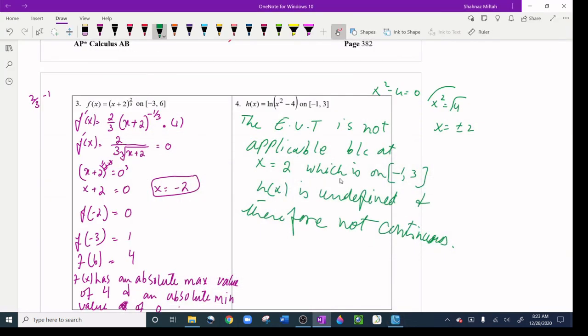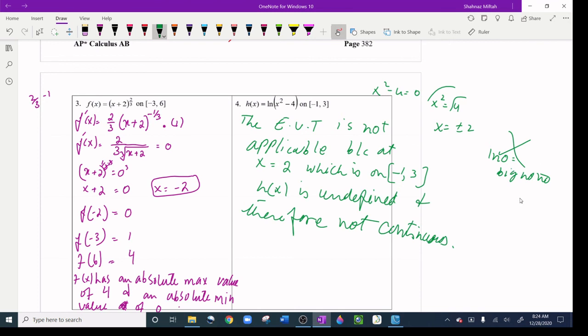But if I'm not using a calculator, how do I say? Because positive 2 is between negative 1 and 3. Yes, it is, but why would I say it's not continuous there? Because algebraically, when you plug positive 2 or negative 2 in here, you're going to get 0, like ln 0. ln 0 is a big no. It's giving you an error.